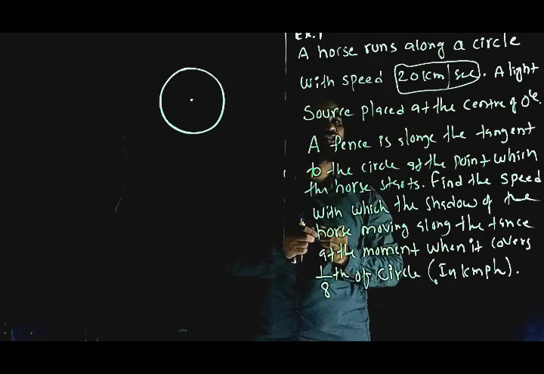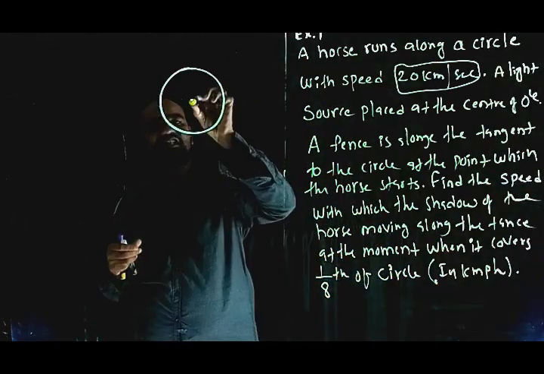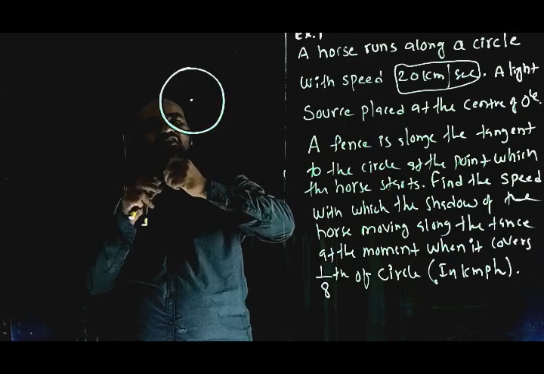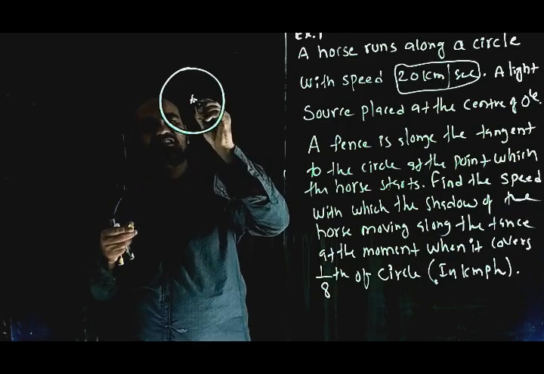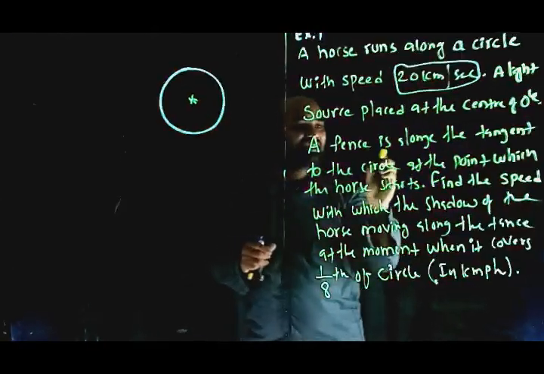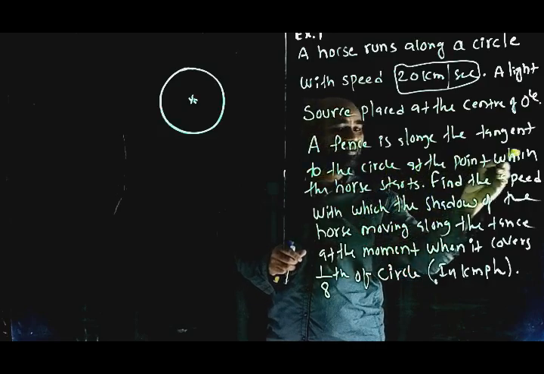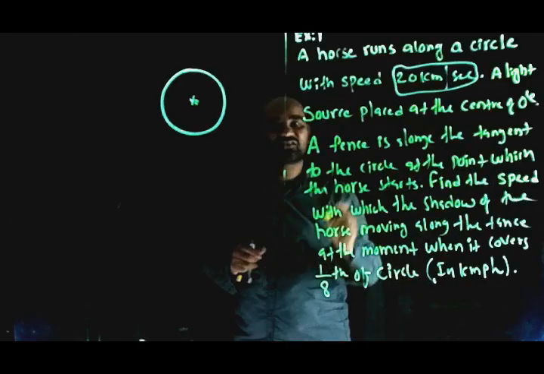A light source is placed at the center of the circle, just like my marker is a light source. A fence is along the tangent to the circle at the point where the horse starts.